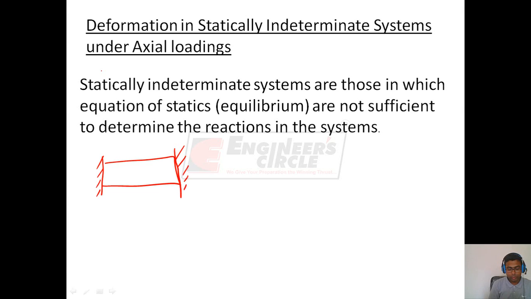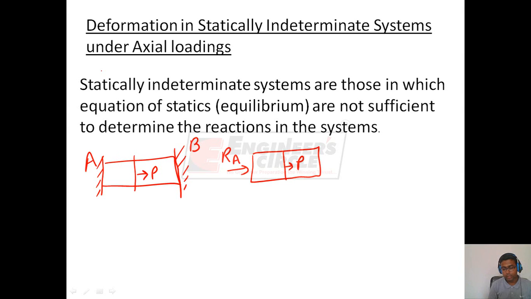Suppose an axial load P is applied on this bar like this, and we have to find the reactions which are given at support A and support B due to the application of load P. To find the reactions, we assume that the reaction at end A be RA and the reaction at B be RB.